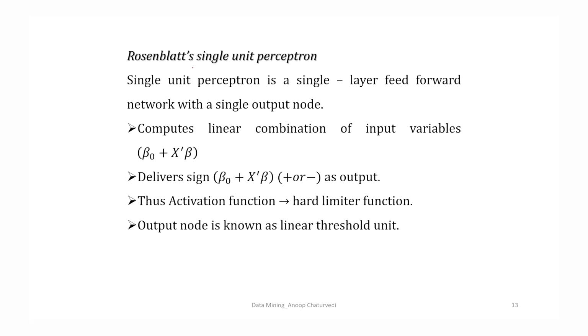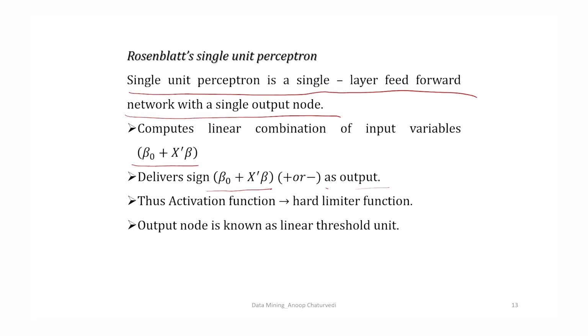Then Rosenblatt single unit perceptron. Single unit perceptron is a single layer feed forward network with a single output node. Then it computes the linear combination of input variables, beta naught plus x transpose beta, and then it delivers the sign of beta naught plus x transpose beta, that is plus or minus, as output.